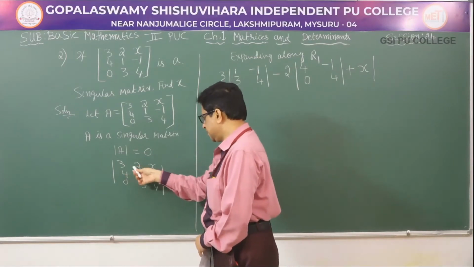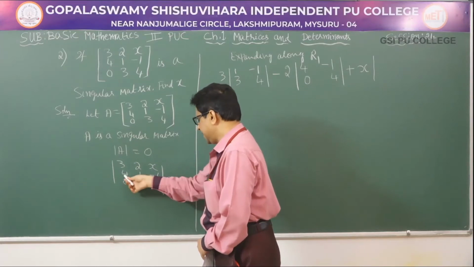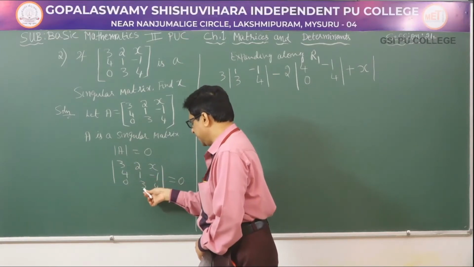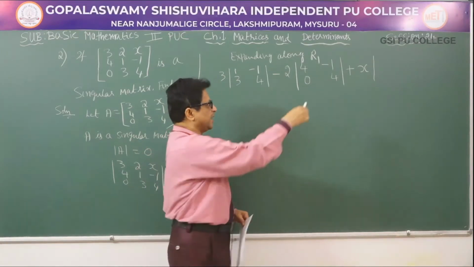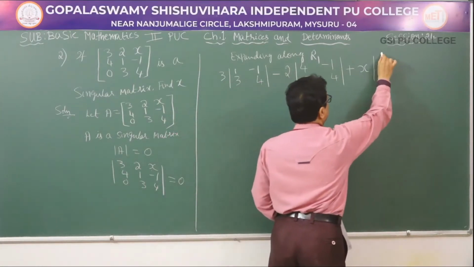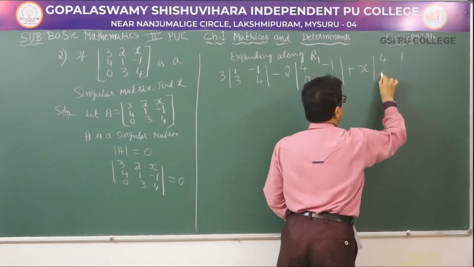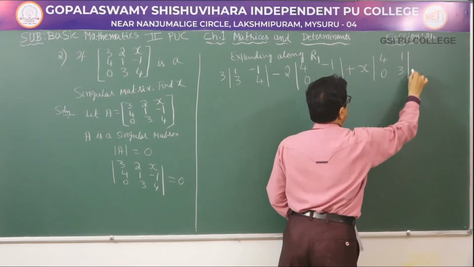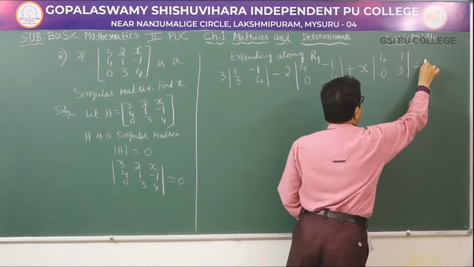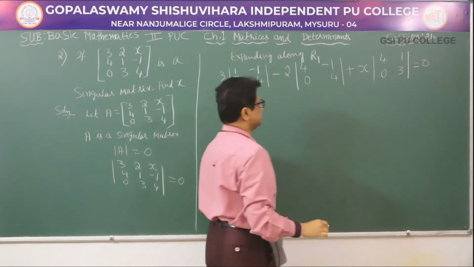We eliminate the first row and third column and take the determinant of the remaining elements. That is determinant of 4, 1; 0, 3, that will be equal to 0.